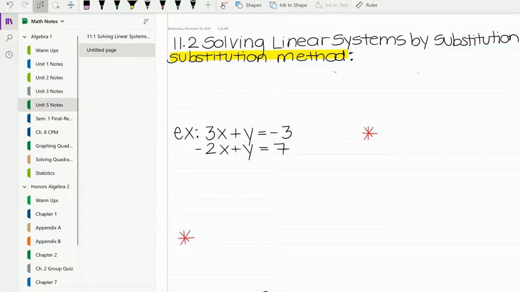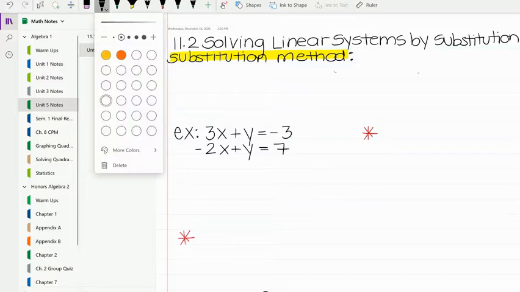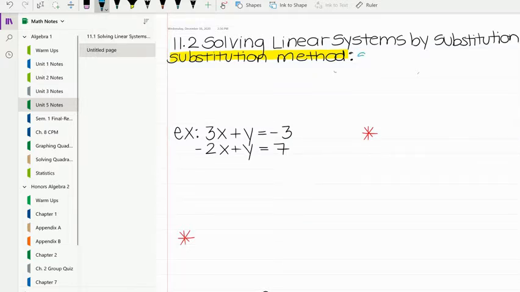Today we're going to be learning a new method, which is called the substitution method. We'll first start off by defining what the substitution method is. You're solving an equation for one variable. Remember, a variable is just a letter in the equation, so typically x or y.